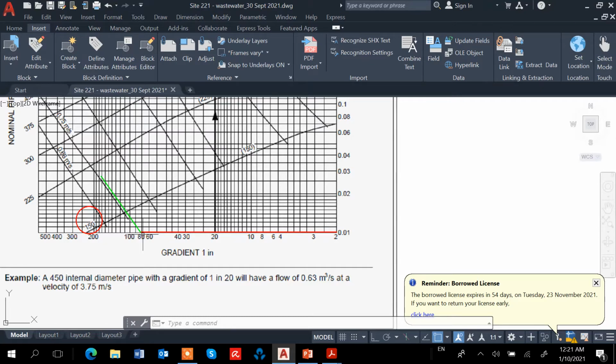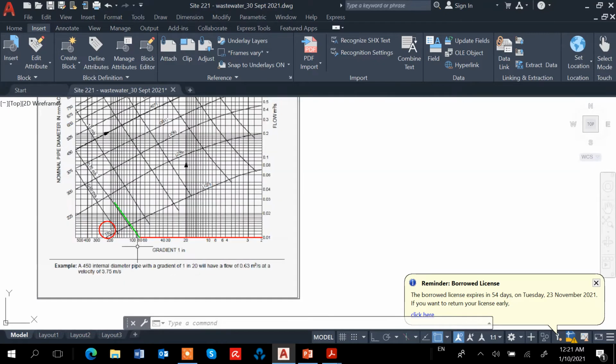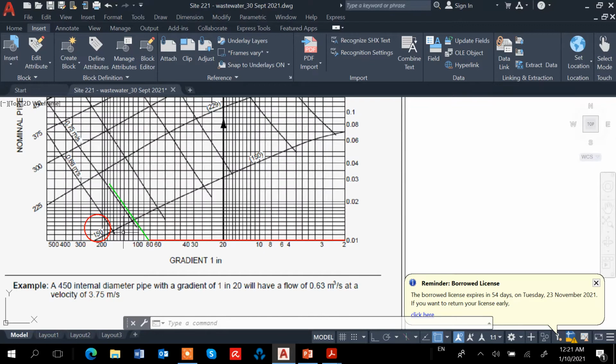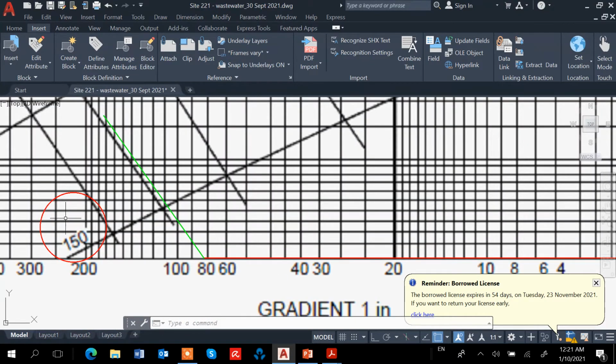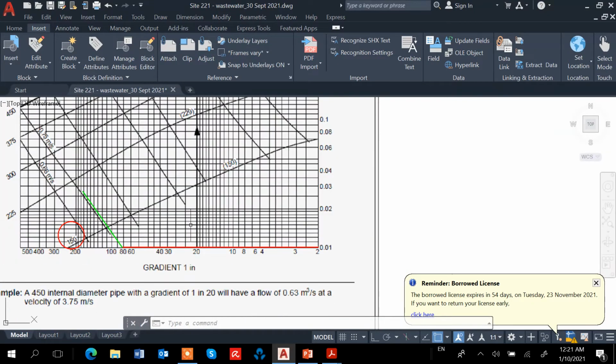Then we need to find the size of the pipe. The pipe that will need to be used is this one, 150, because this is the bare minimum one.